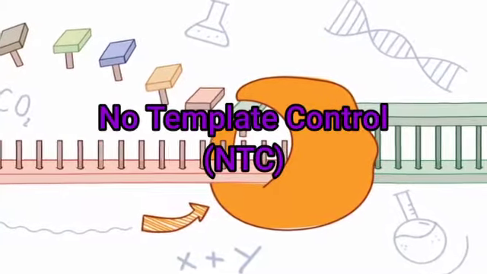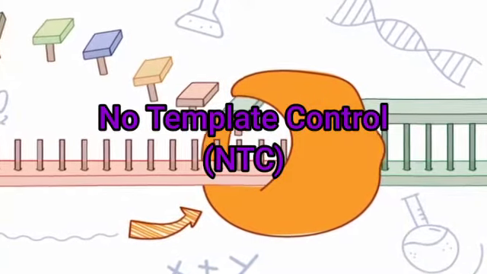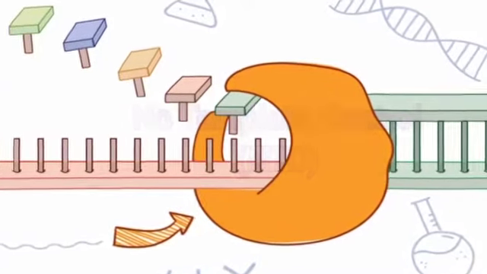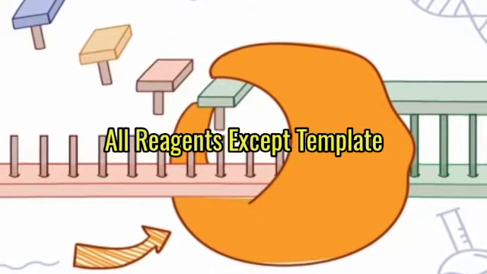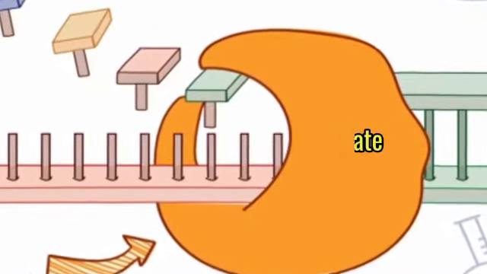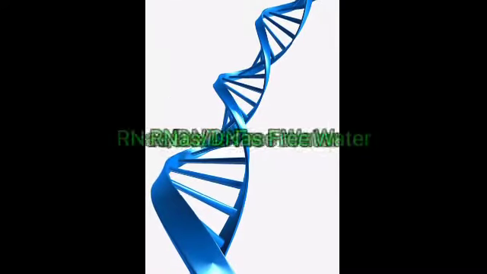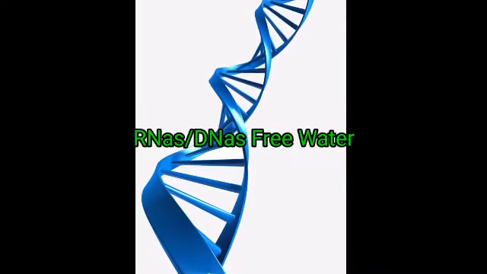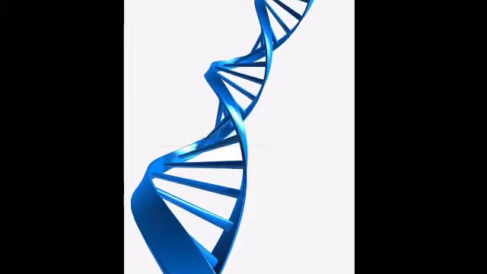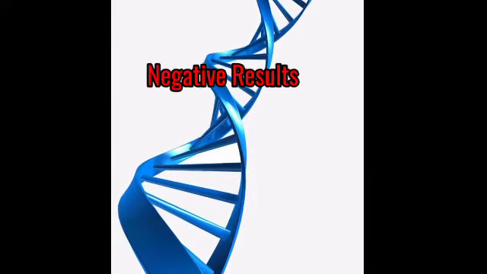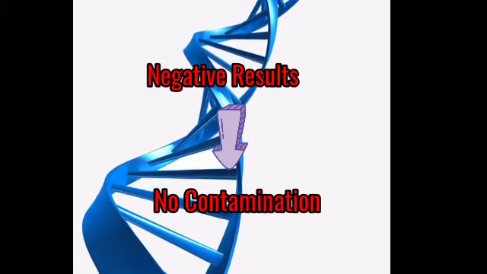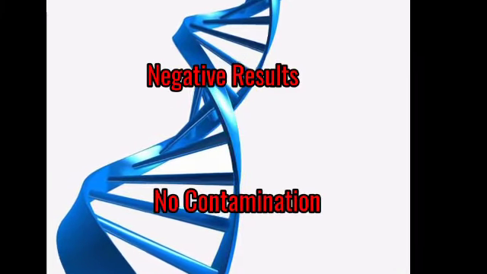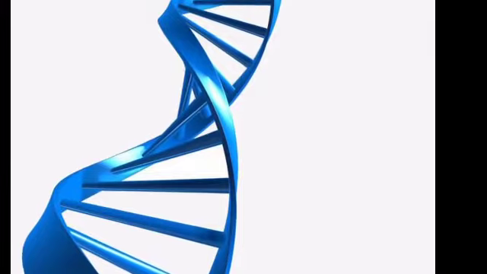No template control, that is NTC, or a minus sample control includes all the RT-PCR reagents except the RNA template. For this reaction, RNase or DNase-free water should be used instead of template. A negative result indicates that the reagents have not been contaminated while setting up the run, and no product should be synthesized in the NTC or NAC.